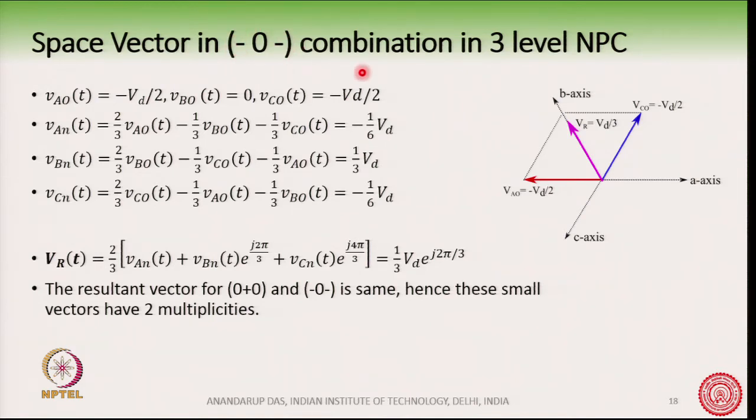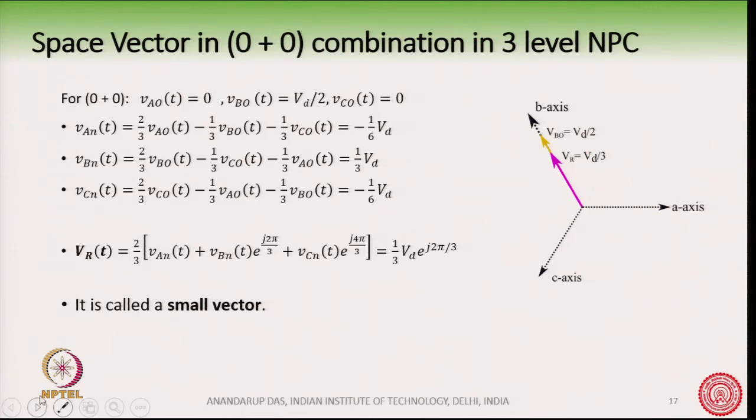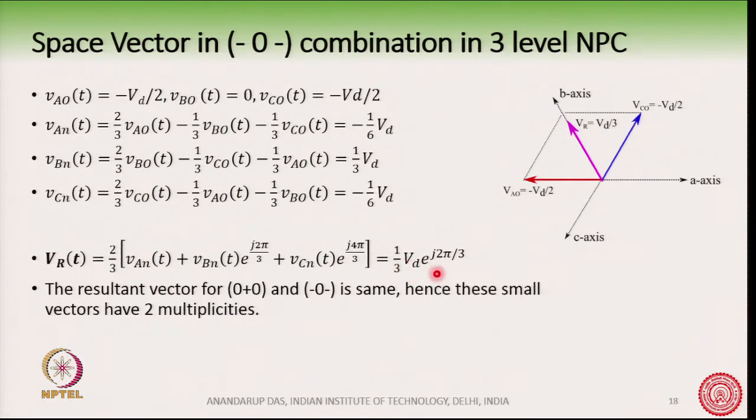You put VAOT as minus Vd by 2, VBOT 0 and VCOT also minus Vd by 2, and then you can find VANT again like this, and then VRT, the resultant space vector, as 1/3 Vd e to the power j 2 pi by 3. This vector was at an angle of 120 degrees, e to the power j 2 pi by 3, and here also it is 1/3 Vd e to the power j 2 pi by 3. So, it is the same vector.